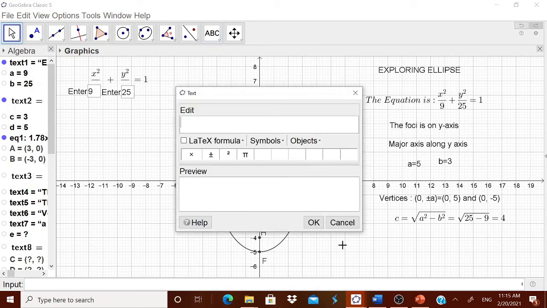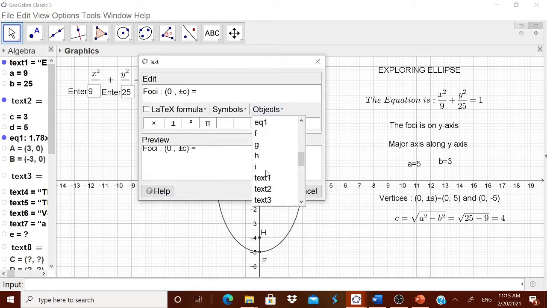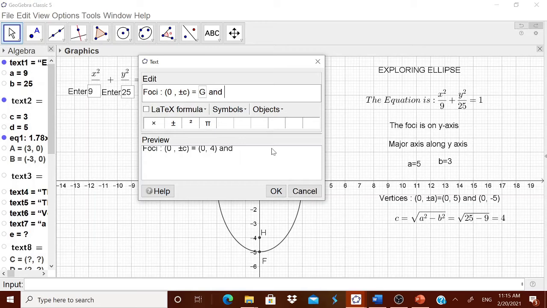Therefore, its foci are, the foci colon, then you can write 0, plus or minus c, is equal to, from the object it is G and H.